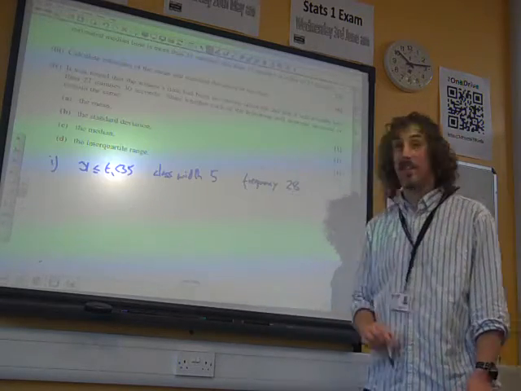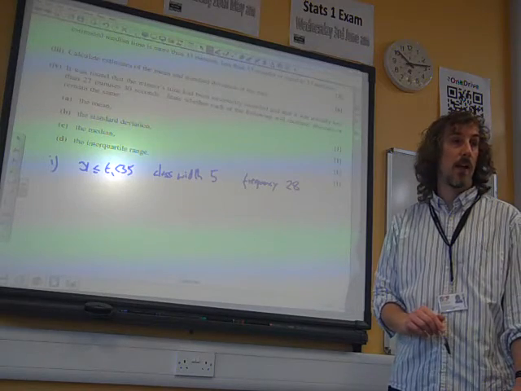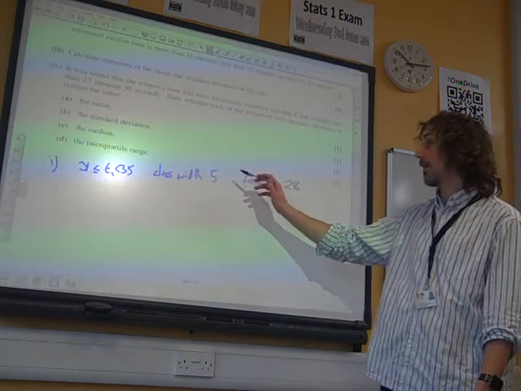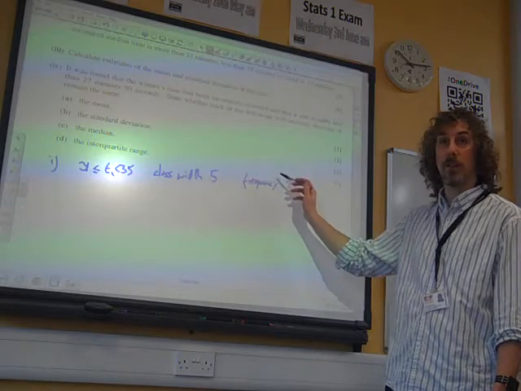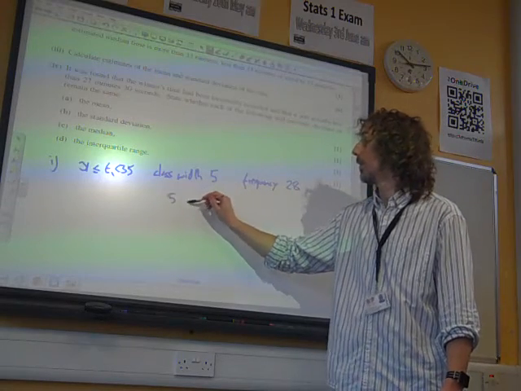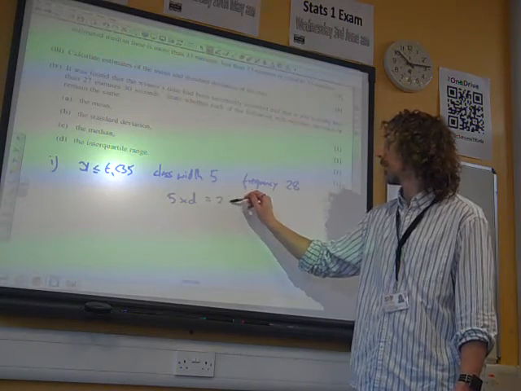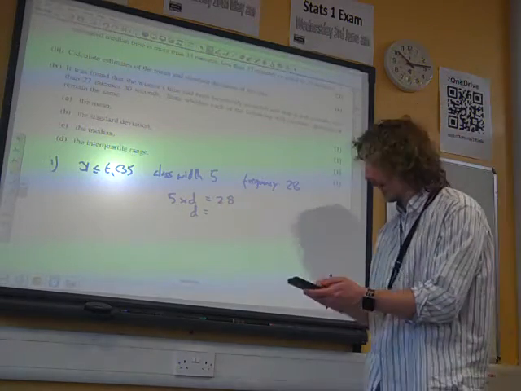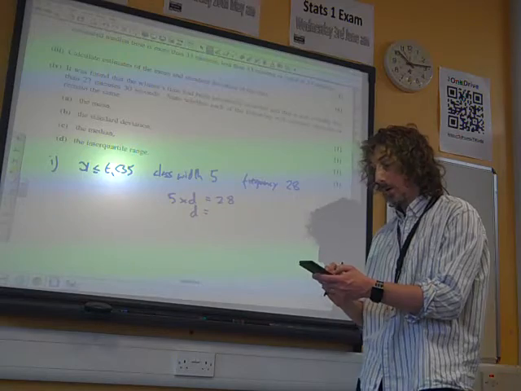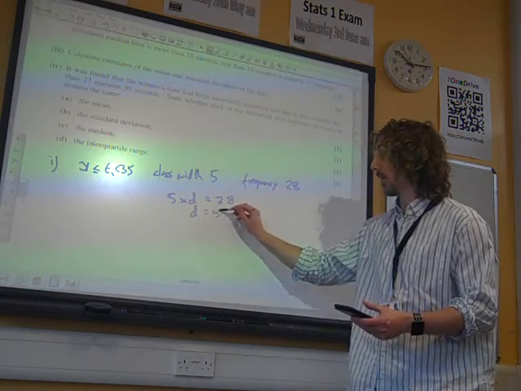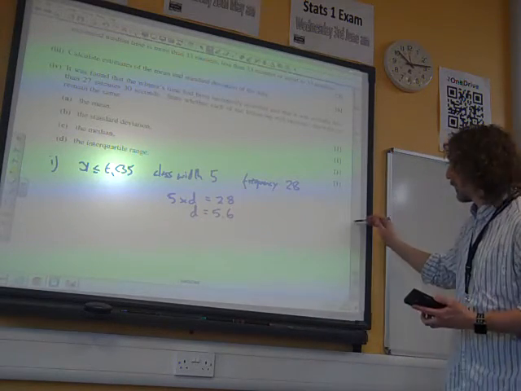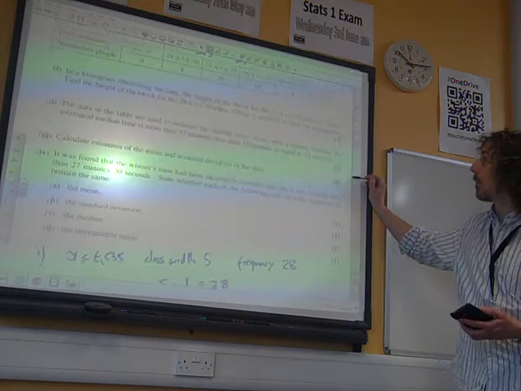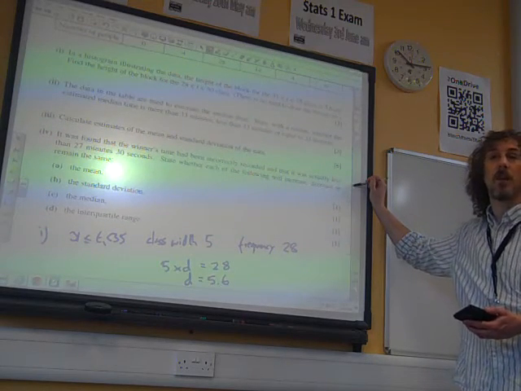And frequency density times the class width gives us 28. So the frequency density of this class is 28 over 5, which is 5.6. And this bar was 5.6 centimetres high.